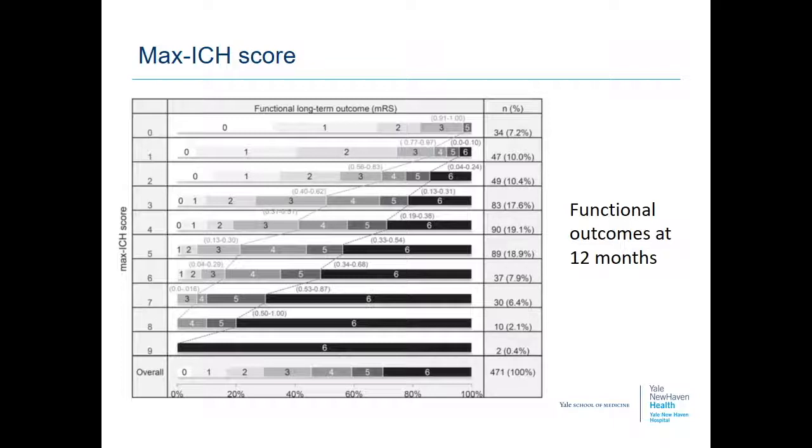And you can see here the functional outcomes at 12 months that correlate with the different levels of the max ICH score. This particular score has not yet been validated outside of its initial cohort and practice in Germany.